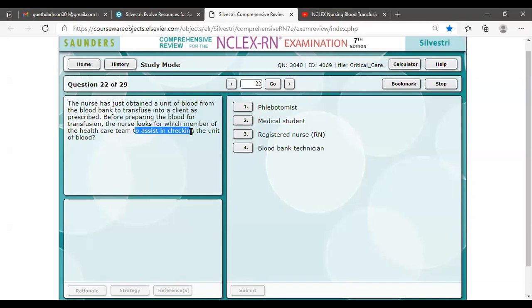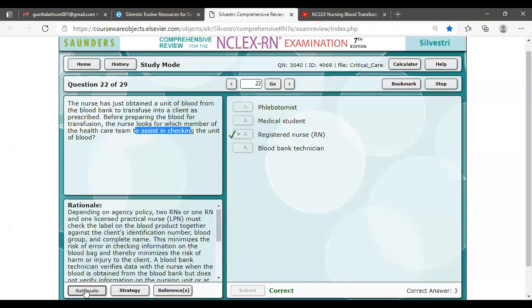I strongly believe every student knows the answer. At least 2 RNs. So I am checking another RN can help me, right? So the answer is RN, registered nurses have to check it.